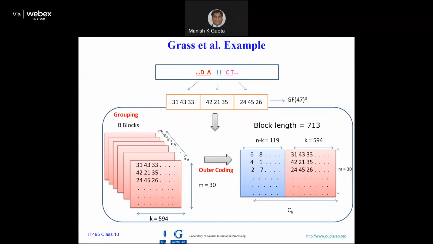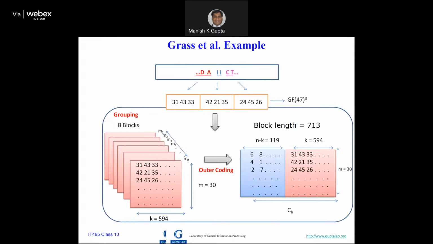Every 2 characters are mapped to 3 characters in the field with 47 elements, GF(47) raised to power 3. So we'll get 31, 43, 33 for DA, II 42, 21, 35, CT 24, 45, 26, like this. 2 characters are converted into 3 characters in the field with 47 elements, by base conversion.